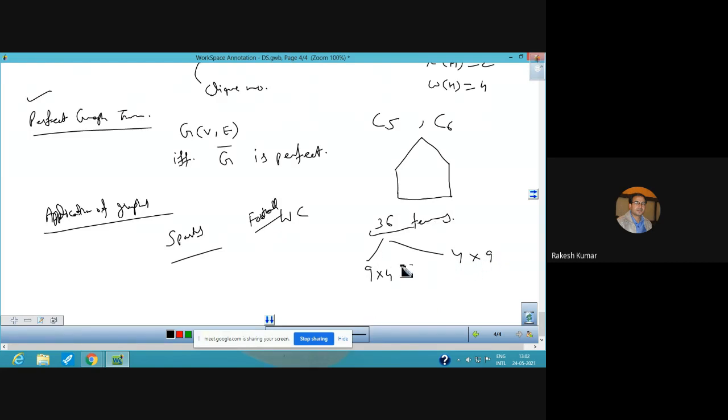And this concept will be used, and graphs can be used to model these round robin tournaments, creating a graph where each team plays each other team exactly once. This is important. This was used in Euler's theorem, Euler graph or Hamiltonian graph. So the concept of Euler graph or Hamiltonian graph can be applied.